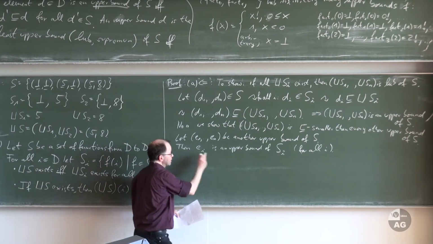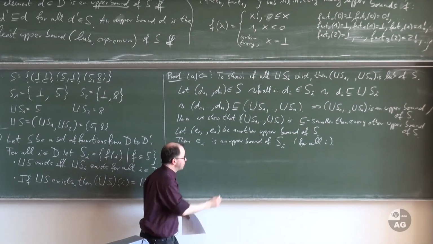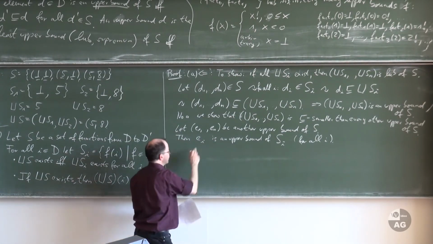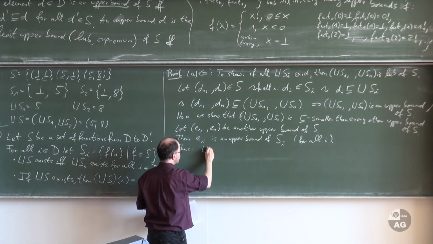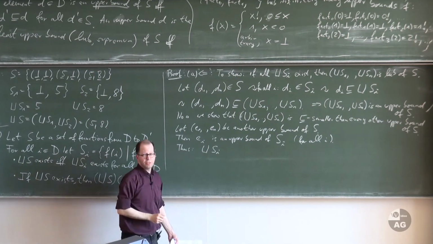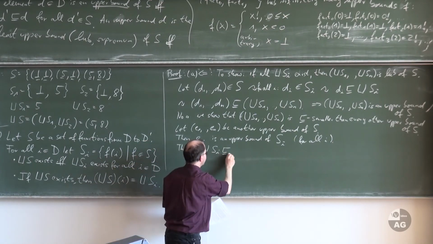But if EI is an upper bound of SI, then the least upper bound of SI must be smaller or equal to EI. So since this is the least upper bound, it must be smaller or equal to EI.